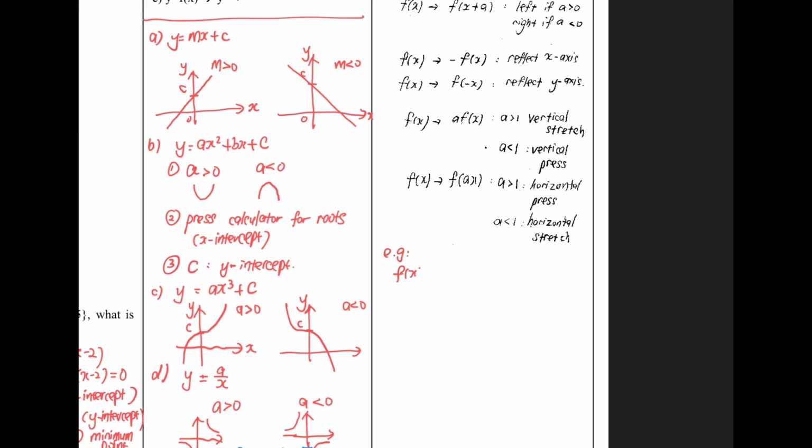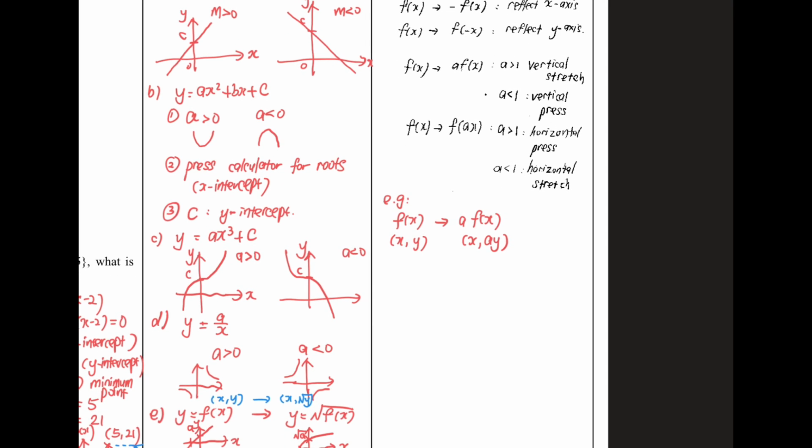So f(x) becomes a f(x). The basic thing that you need to know is any coordinate (x, y), after vertical stretch, it will become (x, ay). You see the y coordinate is multiplied by a, but the x coordinate remains unchanged. So let's say I have a quadratic function like this.